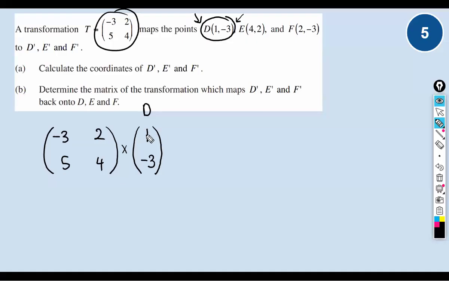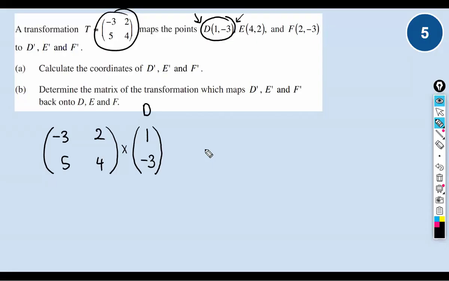The x coordinate goes on top and the y coordinate goes underneath. And you know how to multiply this situation. This is the Batman situation. So when you multiply this matrix by point D, you will get two numbers. Those two numbers will be the new x coordinate and the new y coordinate.